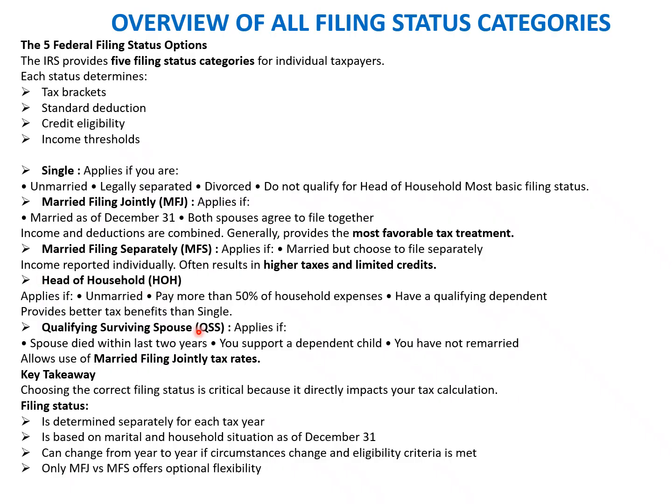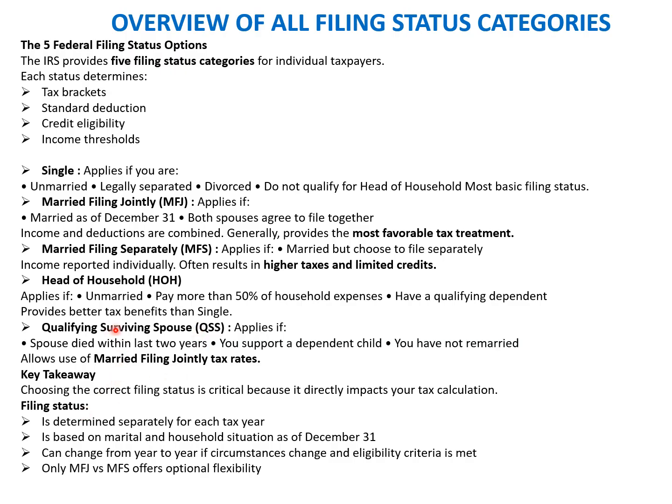It applies if an individual is unmarried, pays more than 50% of the total household expenses, and has a qualifying dependent. Then he can file the return as head of household rather than single, because the benefits, deductions, and tax credits available to head of household are better compared to the single filing status.